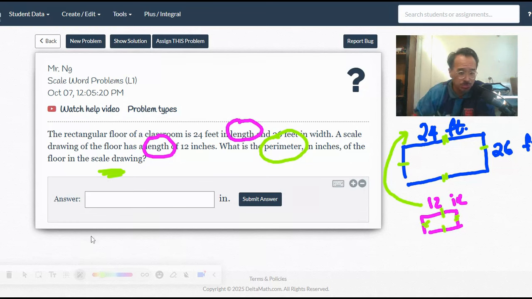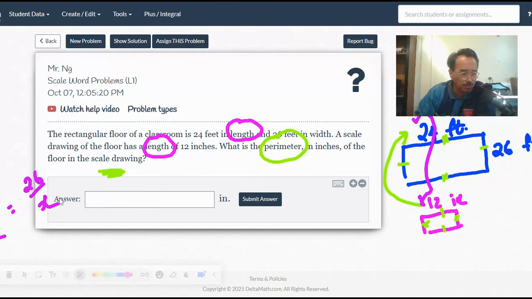Now, we already established that 24 feet is 12 inches, right? So let me ask you, and I'll set up a proportion for those of you who want to see that. So we're doing feet to inches. 24 feet to 12 inches, right? Oops, sorry, my bad. 24 feet, 12 inches. 26 feet, how many inches?